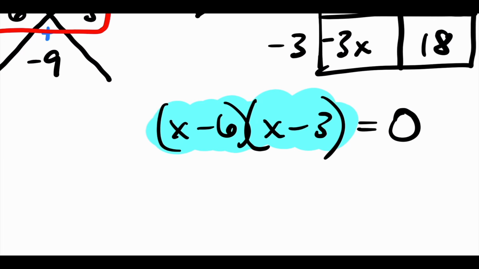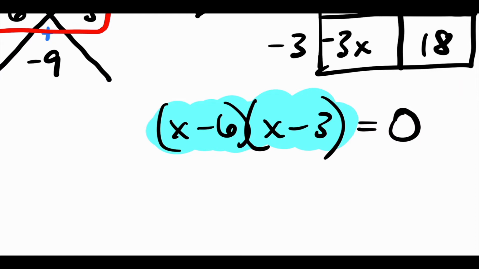Okay, so what this means is, this is multiplication here. This times this equals 0. Well, what do we know about things when we're multiplying? If we're multiplying two things and I get 0 as an answer, what is the rule?